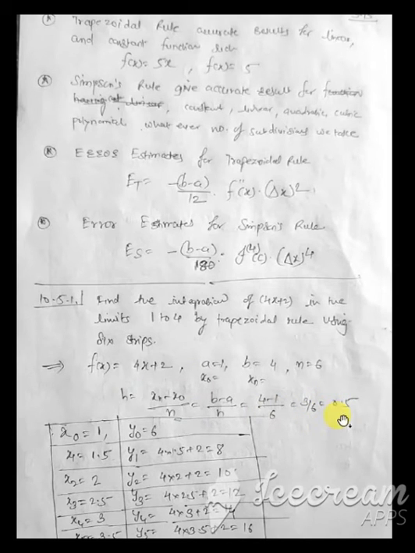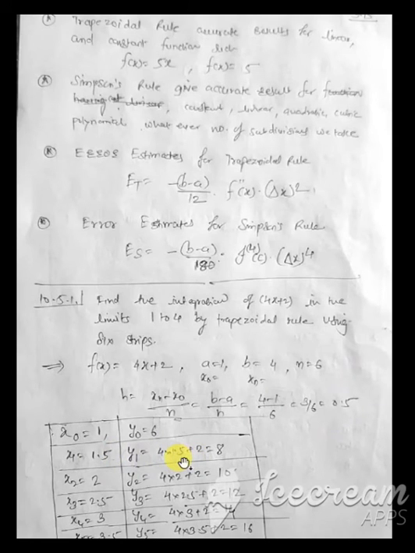By using this h, from x0 the first step is to find all the x and the corresponding y. Here first x0 equal to 1, and the corresponding y0 will be what? You just put the x value 1 here, you will get 4 into 1 equal to 4 plus 2 means 6. Similarly x1 means you have to add h, here 1 plus 0.5, that will be 1.5, and then you get y1.